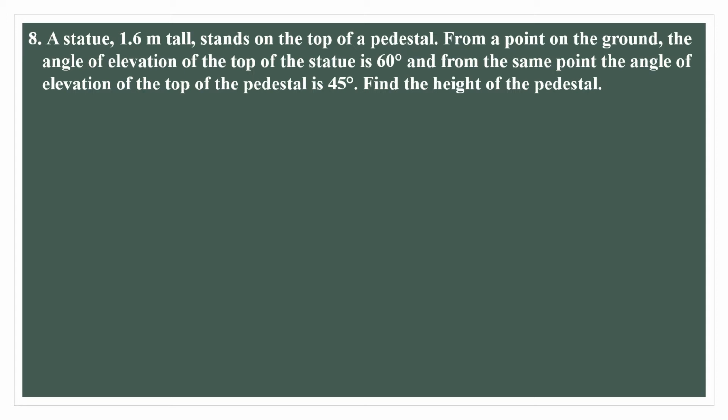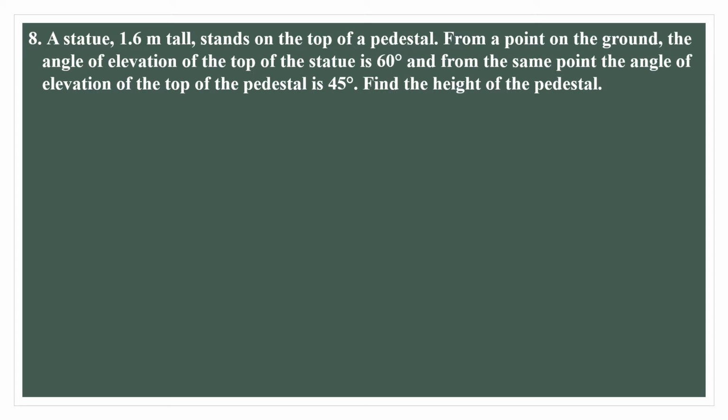So here in this question, what does it say? That there is a statue which has been placed over a pedestal. You can consider the pedestal as a part where the statue is kept. So the pedestal will have certain height from the ground, and above that the statue is placed. The height of the statue is given to us. The height of the pedestal has to be calculated.